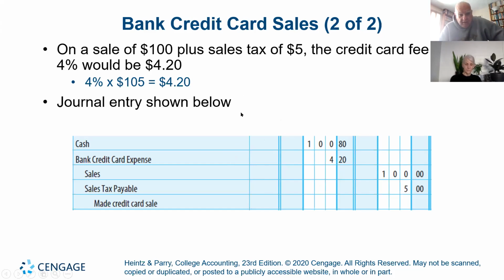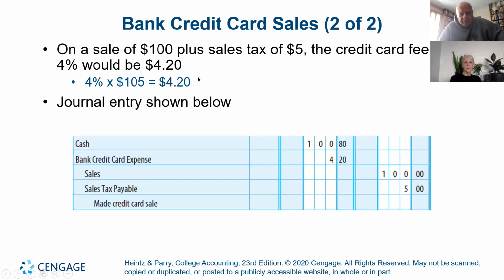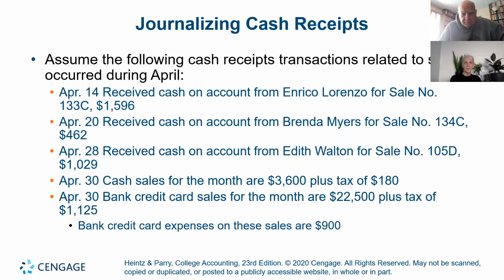The sale was 100, and the sales tax payable was 105. In other words, the sale was 100, a credit to sales, a credit to the sales tax payable, and they're showing you up here that the amount that the credit card is going to scoop up is $4.20. So that's a debit. And we're not going to receive $105. We're going to receive $100.80. Okay. Not too tough, I don't think, huh, Lori? Not too bad. Yeah.